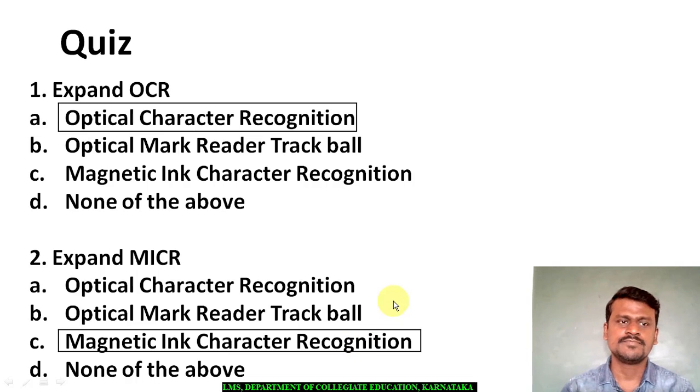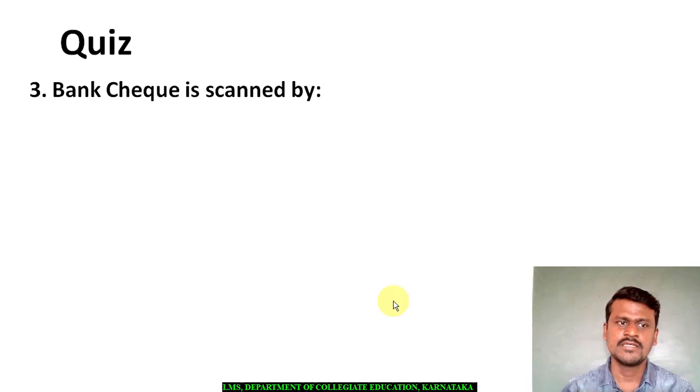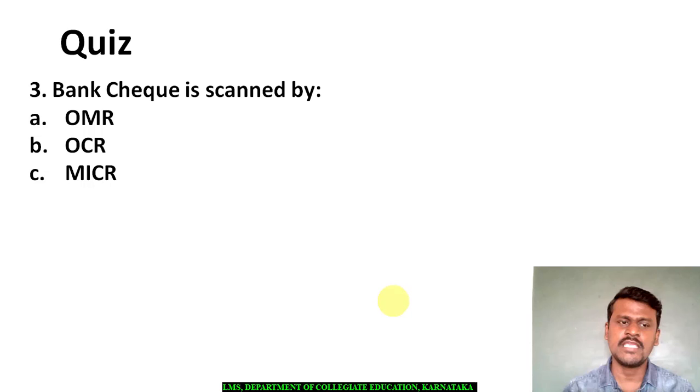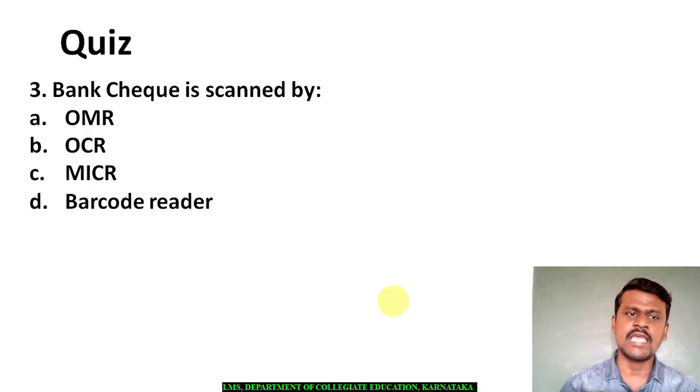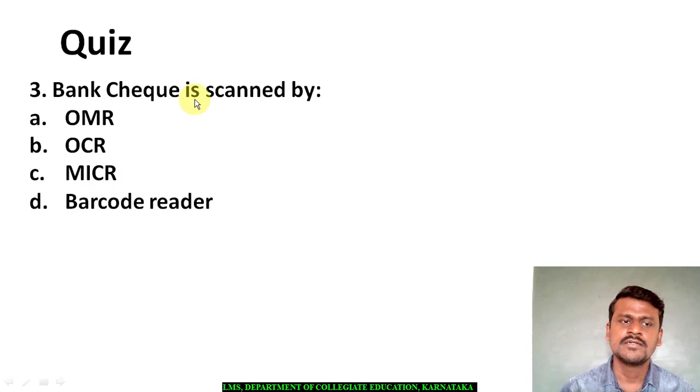So next question, bank check is scanned by. Option A, OMR. Option B, OCR. Option C, MICR, and option D, barcode readers. Any guesses? Which scanner is used to scan the bank check?